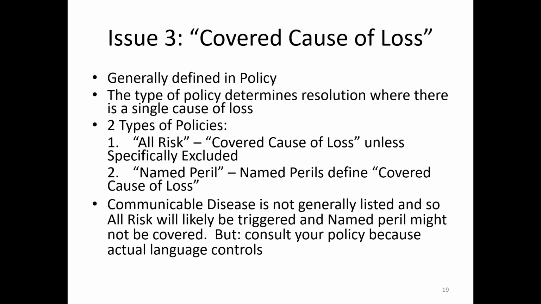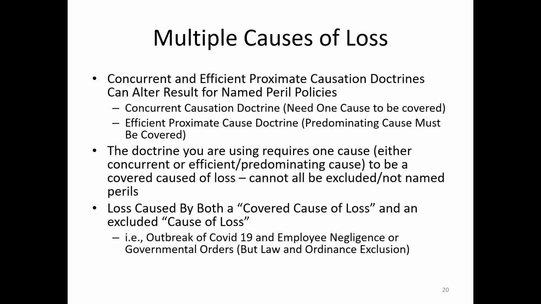A named peril says you're only covered for losses caused by specifically named perils. Our property policy doesn't have a communicable disease exclusion, and so the all risk will likely be triggered, but the named peril might not be covered. So you would want to consult your policy to see if you have a named peril, whether a pandemic or a communicable disease is a loss that is covered.